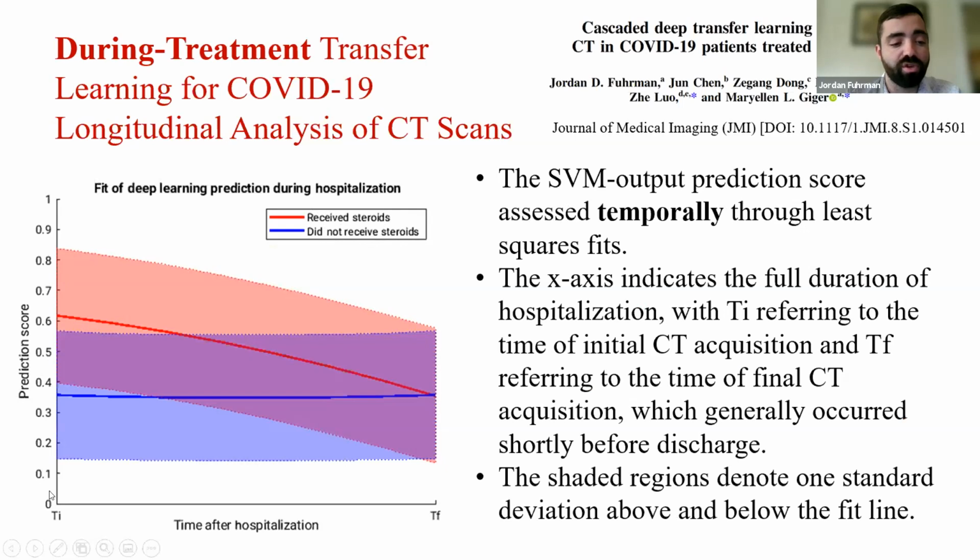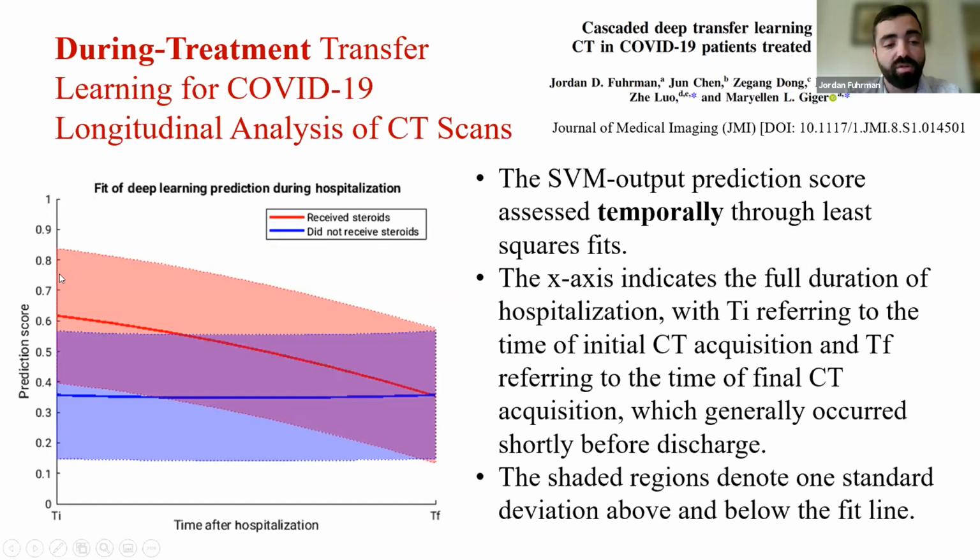What we observed was kind of what we were hoping to see, which was that at early points of hospitalization, so near where the patient was first admitted to the hospital, the patients who received steroids were on average producing significantly higher prediction scores than those who did not receive steroids.